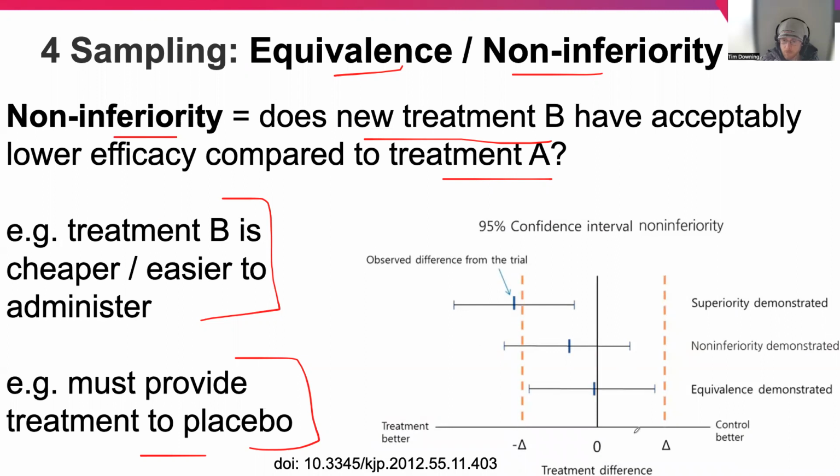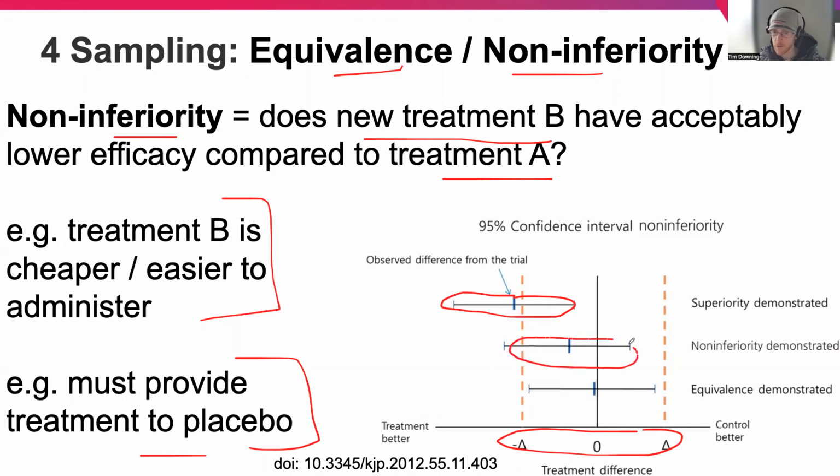So if we're thinking about the treatment difference, we could have an example of a trial where the confidence interval, and mainly the point estimate, can show a definite drop compared to an existing treatment. Non-inferiority might mean that our estimate of the new treatment B could be lower than the existing treatment, but it might be comparably the same.